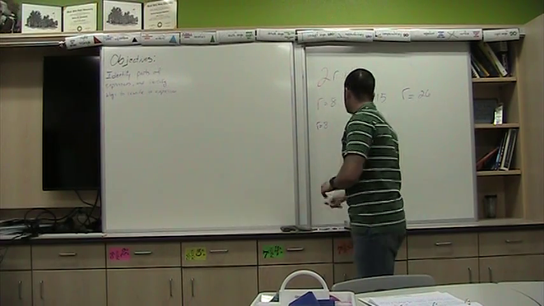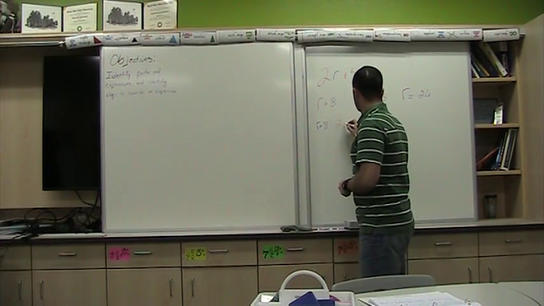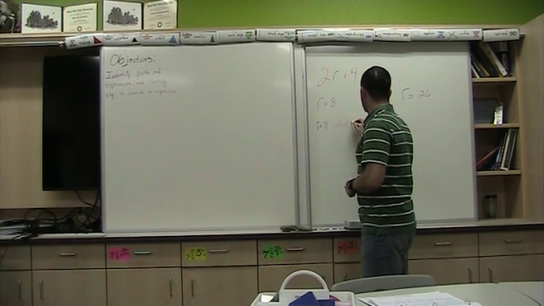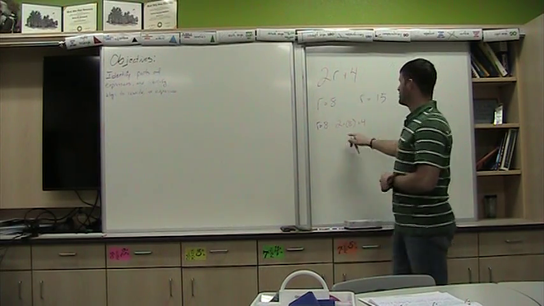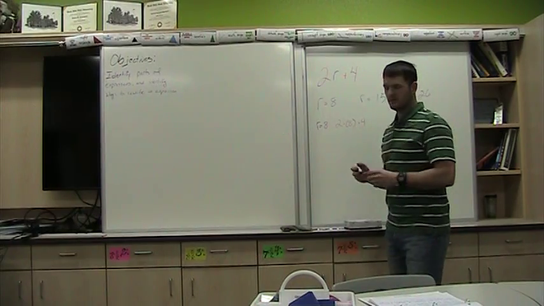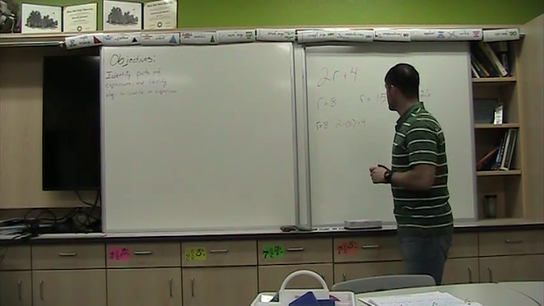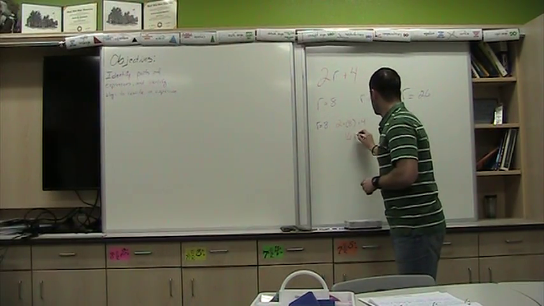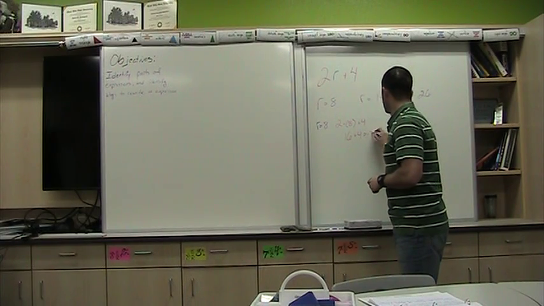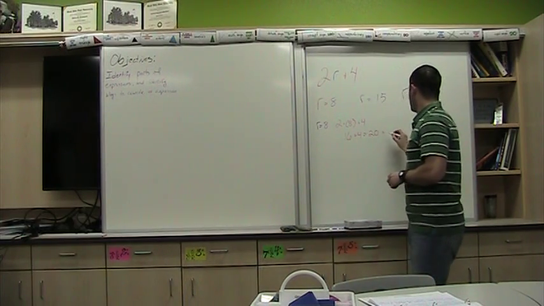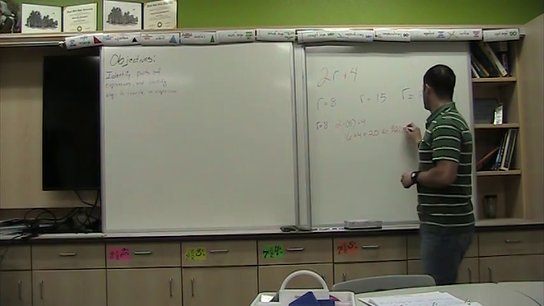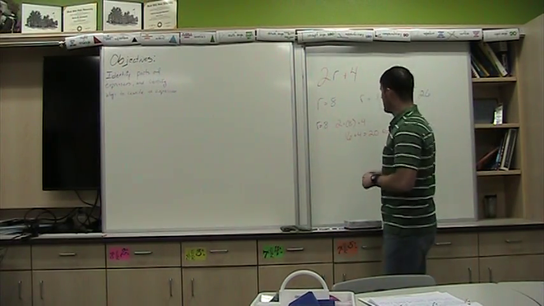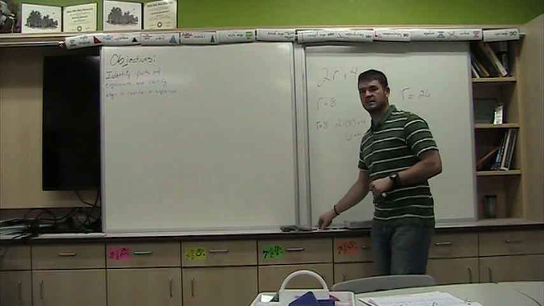That is 2 times 8 plus 4. 2 times 8, using order of operations, is 16 plus 4 equals 20. That is the equivalent of $20.